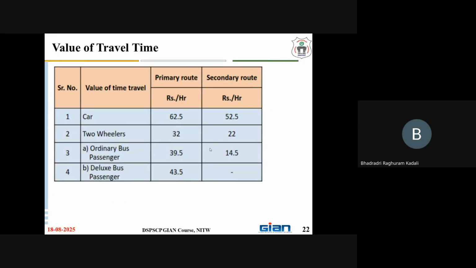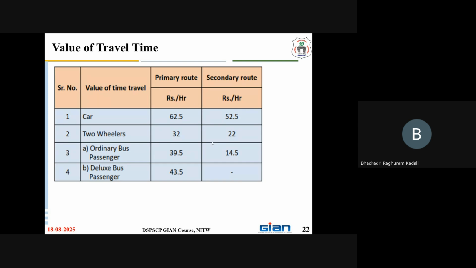Now that is not enough, because if I'm looking at the value of time when traveling by car, and the value of time for a specific goods category, or even within the same passenger vehicles category, different values of time can be observed or expected. For the car, the value of time is highest.